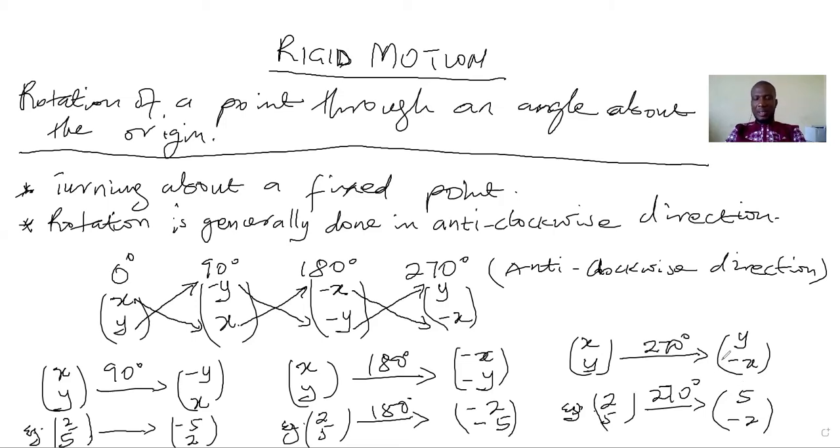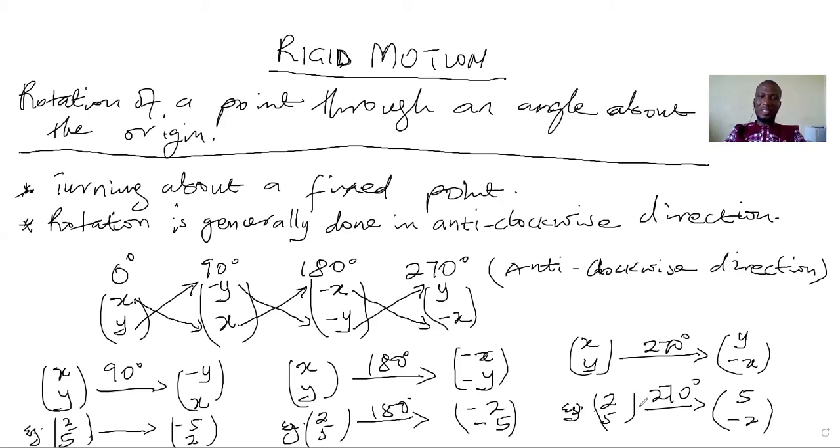So remember, I am not writing the direction because I already said at the beginning of this lesson that generally rotation is done in anti-clockwise direction unless the question says it should be in a clockwise direction.